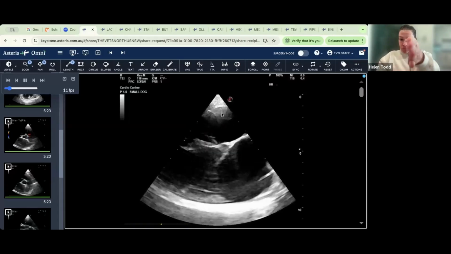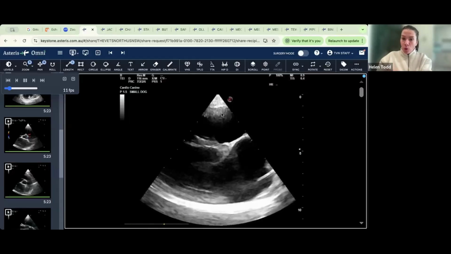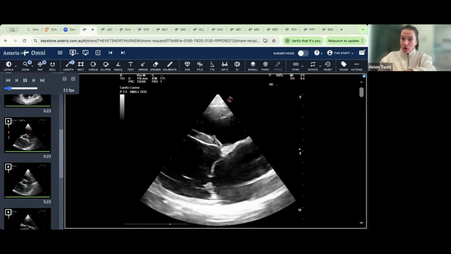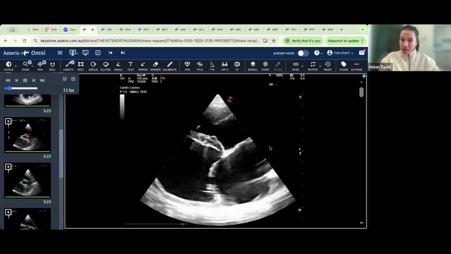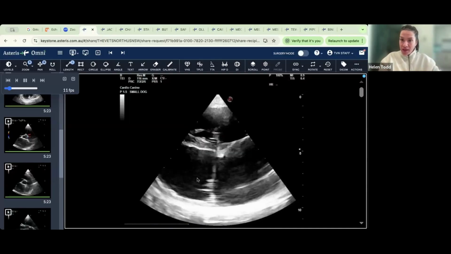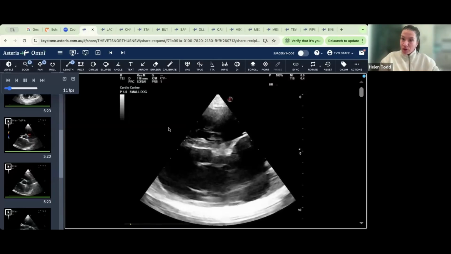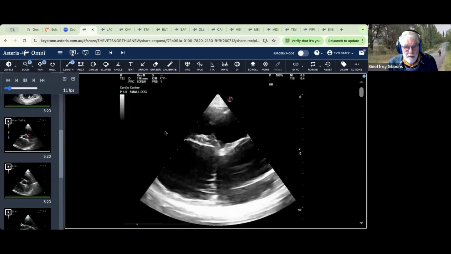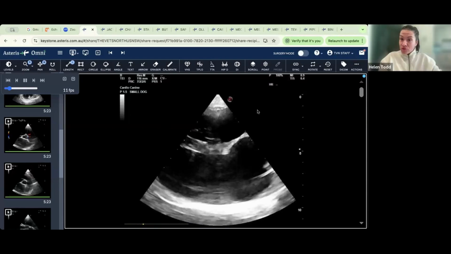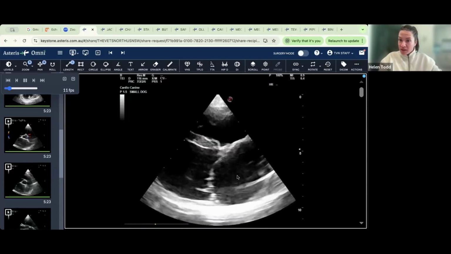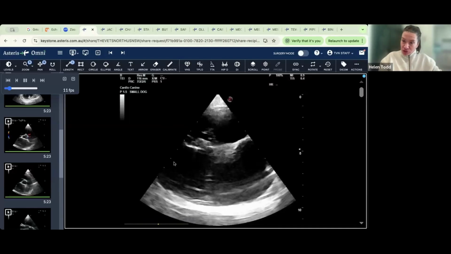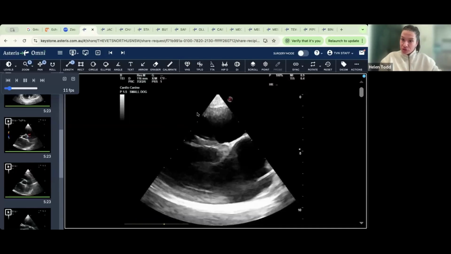That means that we're used to seeing the caudal aspect of the image on the right hand side of the screen. If this was an abdomen, this side, the right, would be caudally, and this side on the left would be going cranially. But in echo, this right hand side is cranial. These are our atria on the right hand side of the screen, and these are our ventricles on the left hand side of the screen.